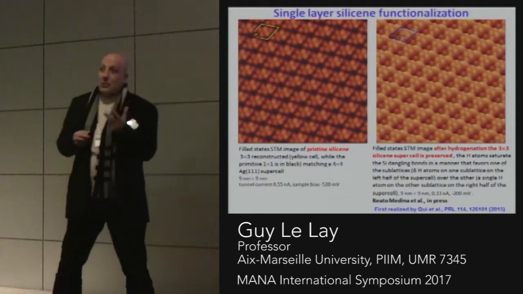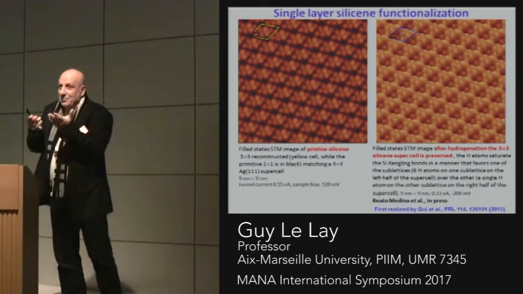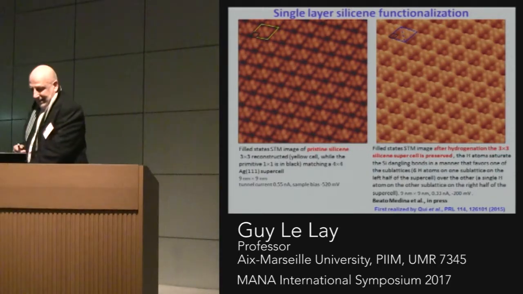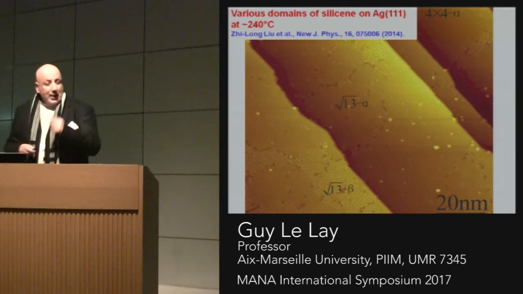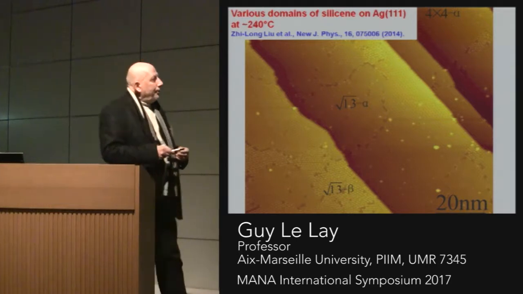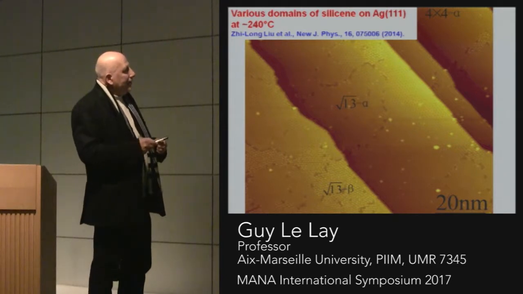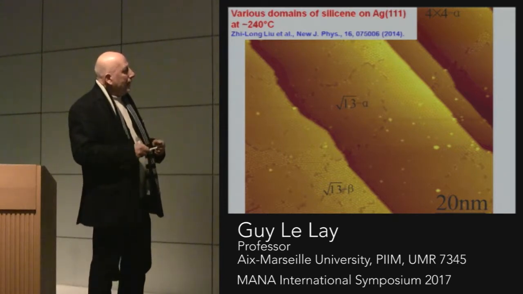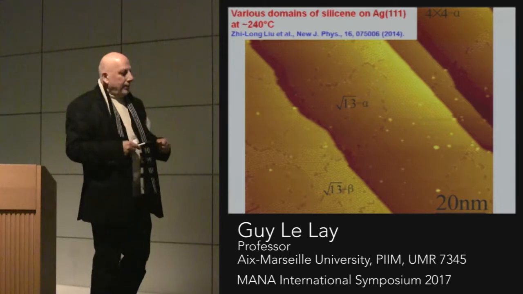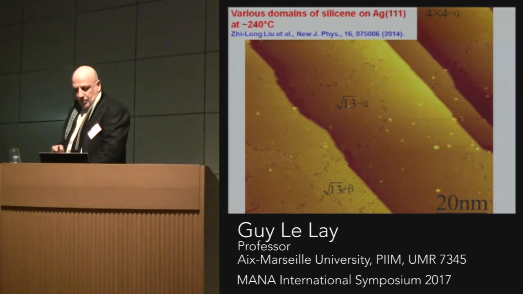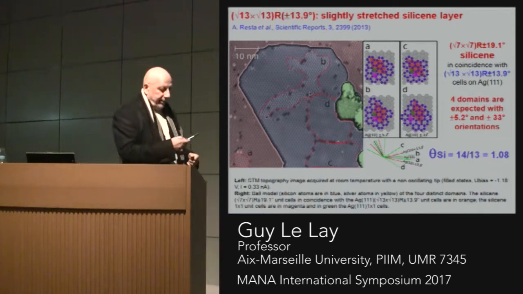So this hydrogen atom has very special sensitivity to the sublattice. We can also find other phases, this is the 3x3, 4x4. This is another one which is rotated, more complicated. But it's essentially a little bit stretched out silicene.